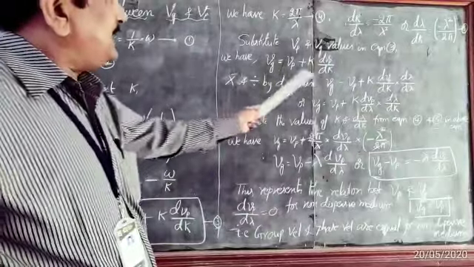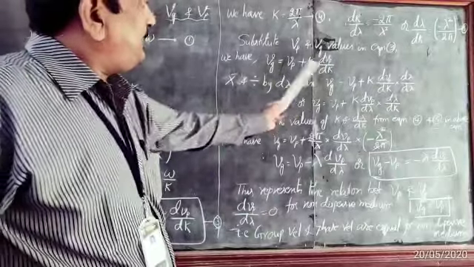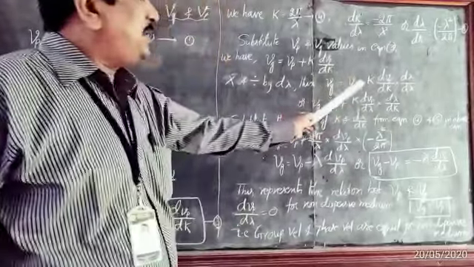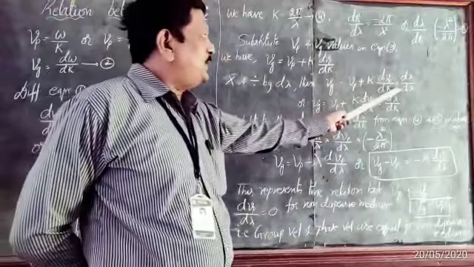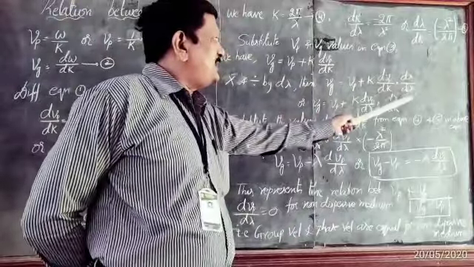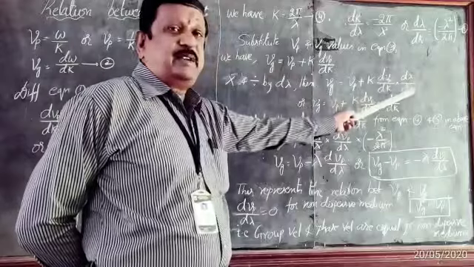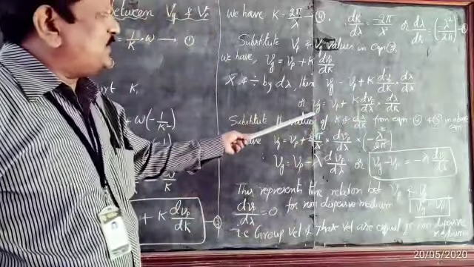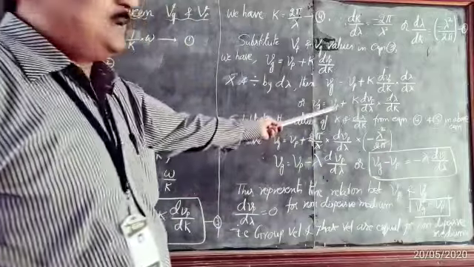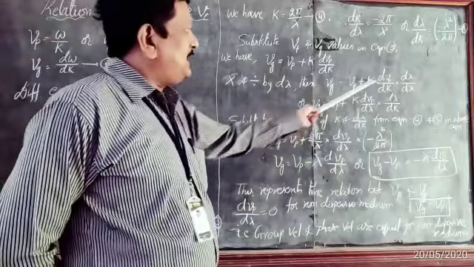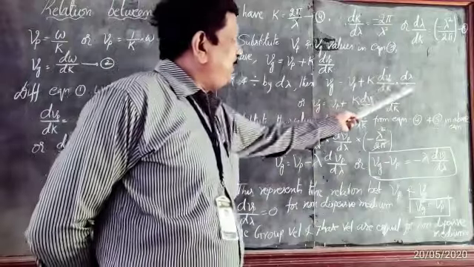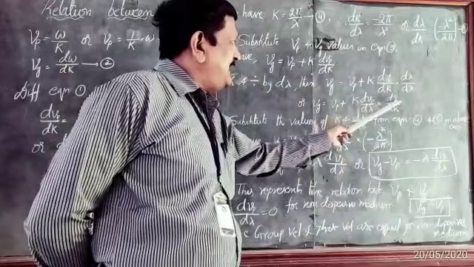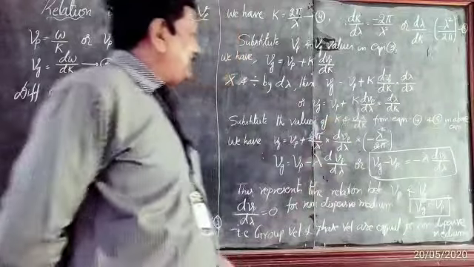Then Vg is equal to Vp plus k into dVp by dk into d lambda by d lambda. That means I am going to multiply and divide by d lambda, or Vg is equal to Vp plus k into dVp by d lambda into d lambda by dk.